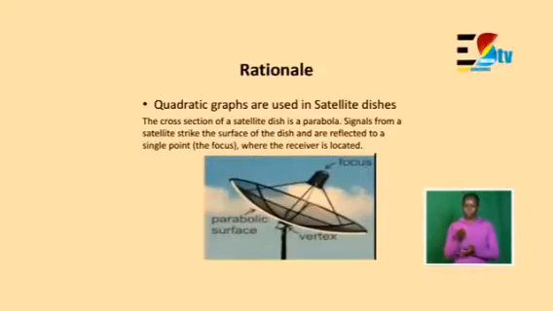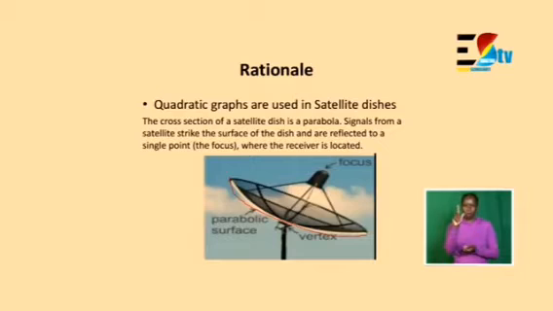Let's look at this example with me here. Let's look at this satellite dish. You will see that this satellite dish is curved. When you look at its cross-section, learners, this is the cross-section. When you look at the cross-section of the satellite dish, you will see that it is a parabola.